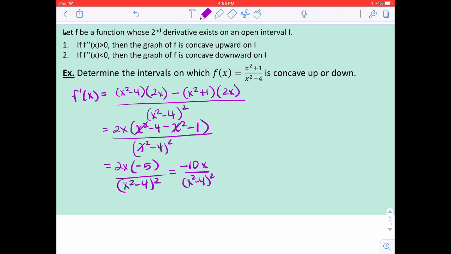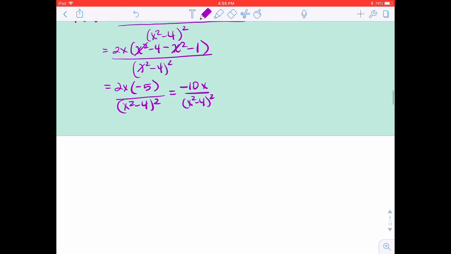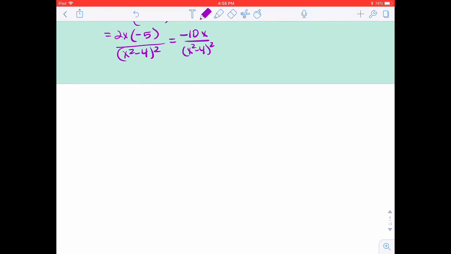All right, so that's the first derivative, but once again, we need the second derivative. So it's gonna be fun. Okay, so second derivative time, same thing. If you want to, I guess you could bring the denominator up and do it that way, but I'm gonna use the quotient rule.